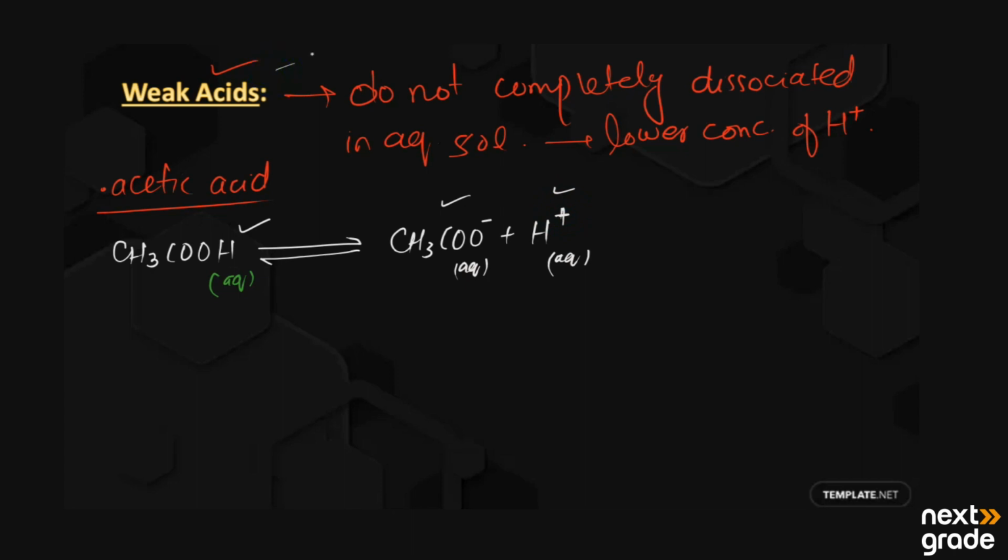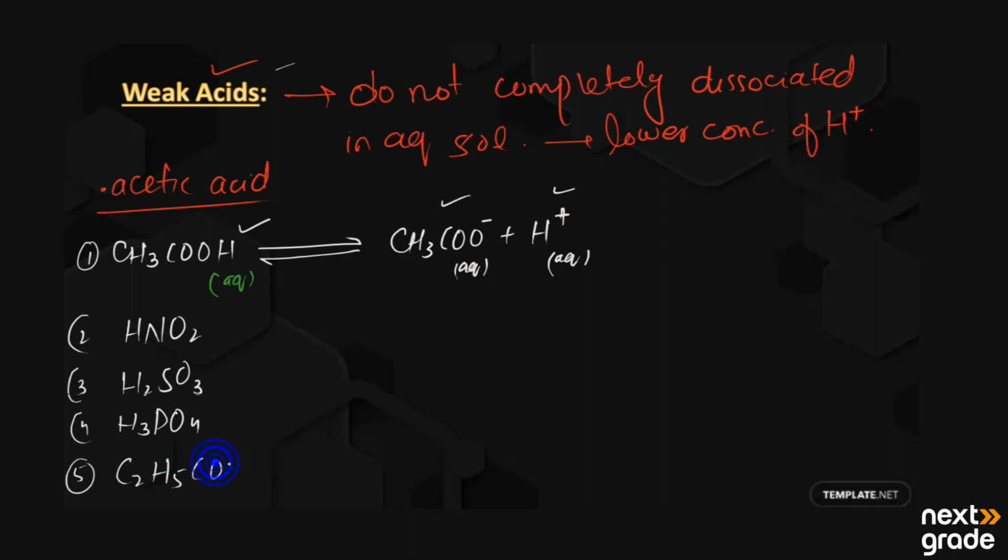Another example of weak acids, the second example, is nitrous acid, HNO2. Next we have sulfurous acid, H2SO3. We have phosphoric acid, H3PO4. And the fifth example is propanoic acid, C2H5COOH.